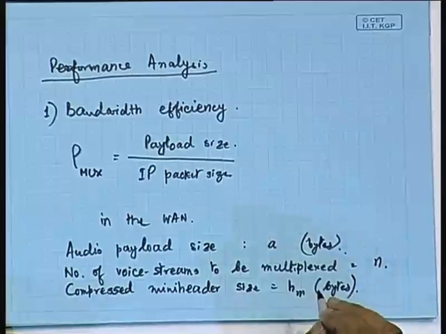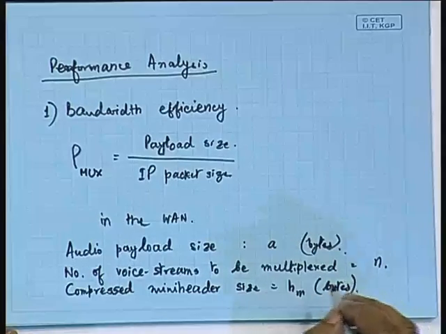Now you can argue that all the mini headers will not be compressed mini headers; some of the mini headers will be uncompressed, but that is at the beginning only, and some of the mini headers will have the synchronization, which we also have to send periodically. But normally 99% of the mini headers, or 90% of the mini headers, will be of 2 bytes only. So, normally HM will be 2 bytes. That is the compressed mini header size.